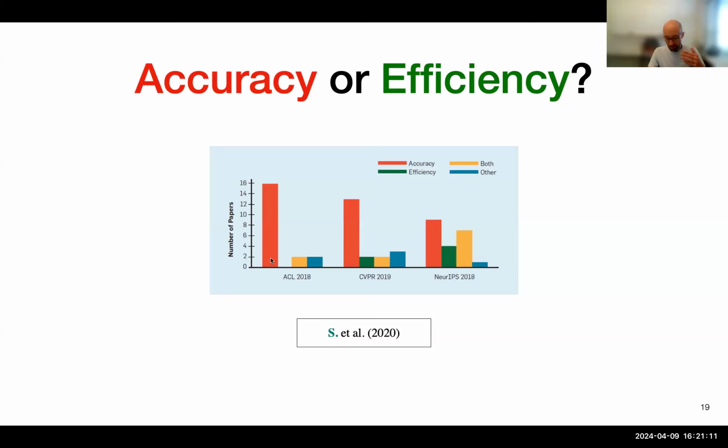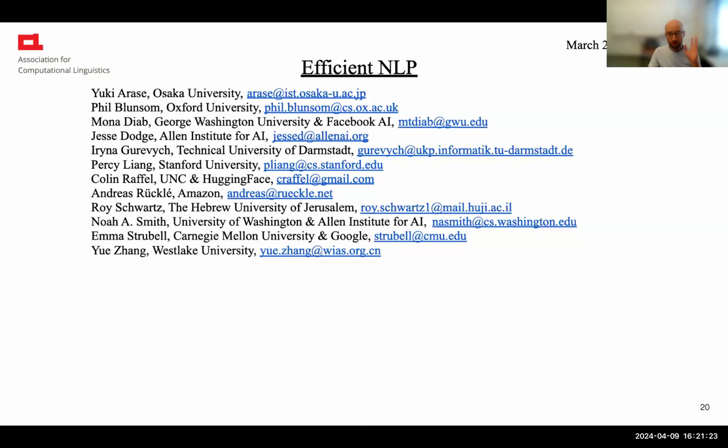And in the few years that have passed since, a large part of what I was trying to do in my own research and effort is to get more people involved in working on efficiency. So this included working on and building an efficient NLP policy document that was approved by the ACL.